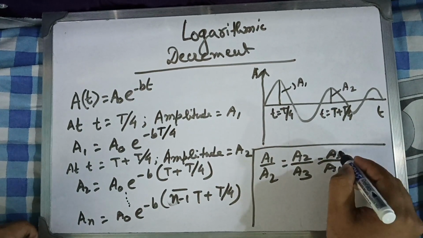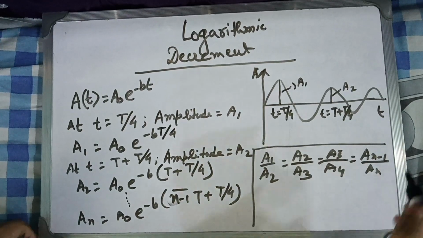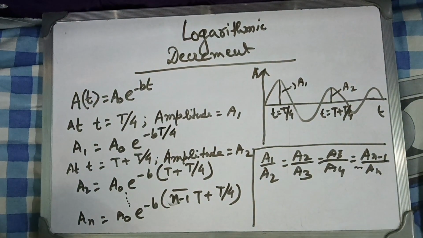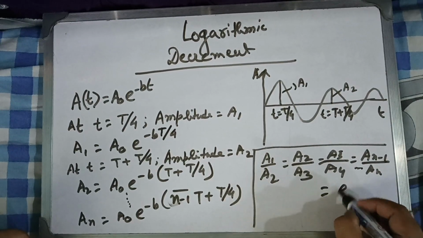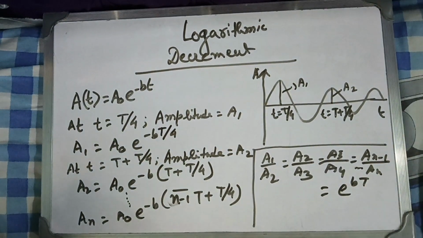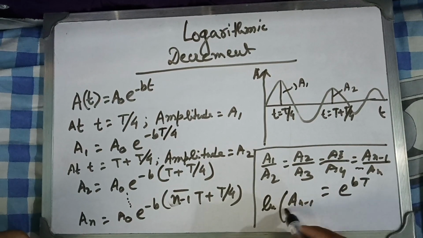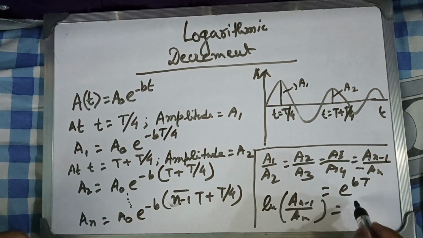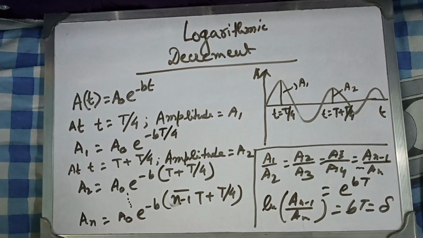So we can tell that the ratio of successive amplitudes remains the same, right? And if you take the logarithm of that value, it will give us the logarithmic decrement. Now what is the importance of the logarithmic decrement? Actually it tells how the system is decaying. If the logarithmic decrement is high, then we can tell that damping is high, right?